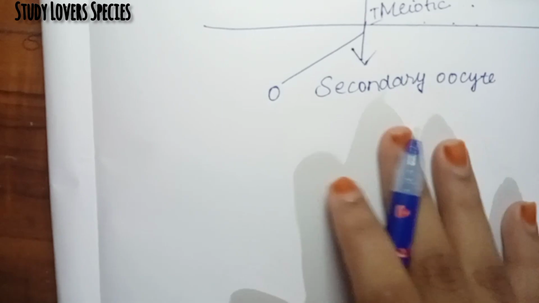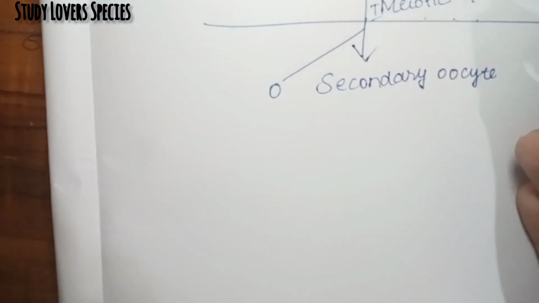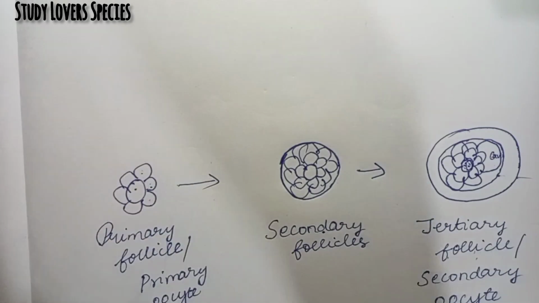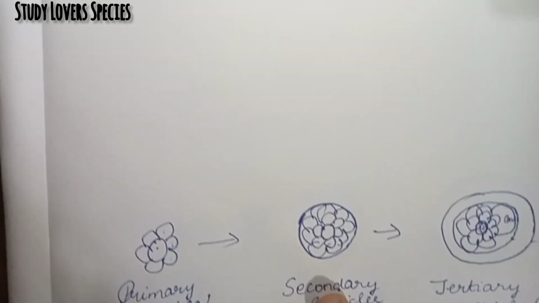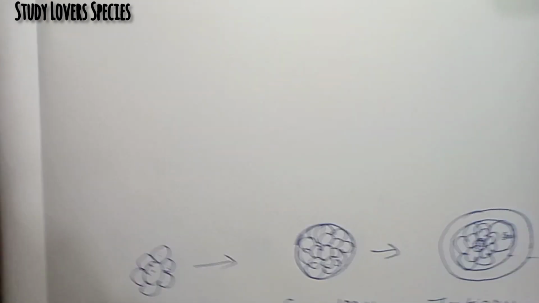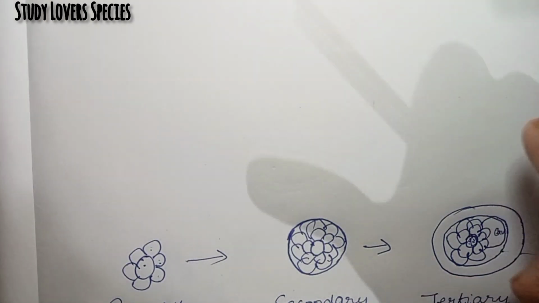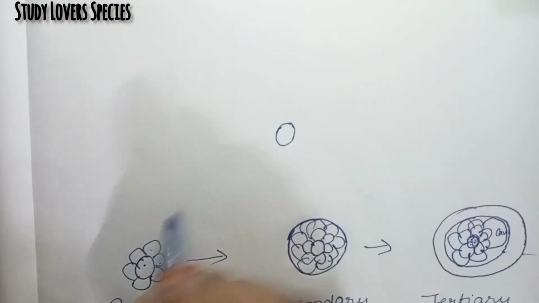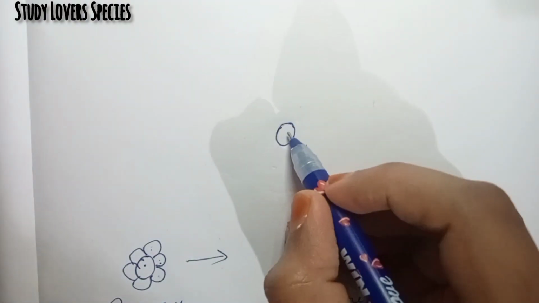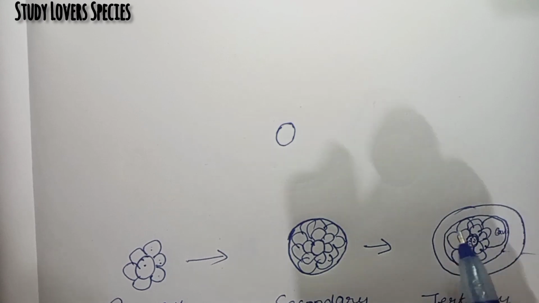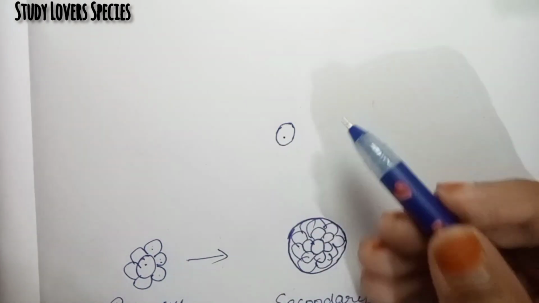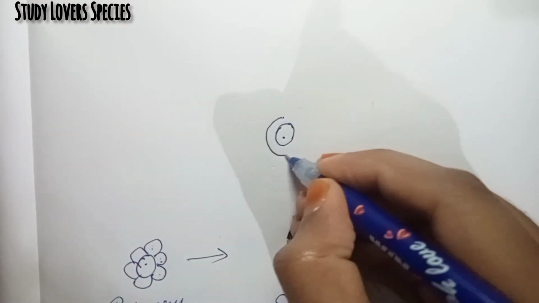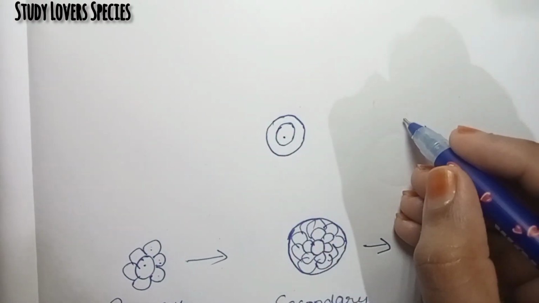Then this secondary oocyte, the tertiary follicle, will change into the Graafian follicle. Now let's see how the Graafian follicle looks. The Graafian follicle will be bigger than the secondary follicle. Next to the secondary oocyte, a layer of zona pellucida will get formed.